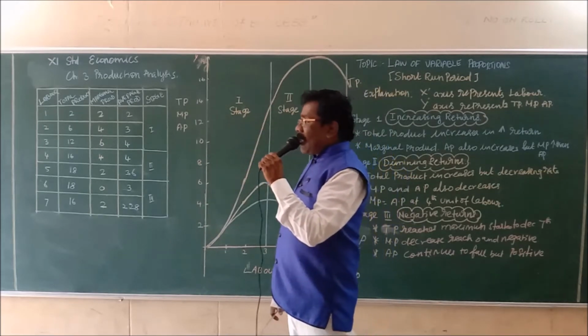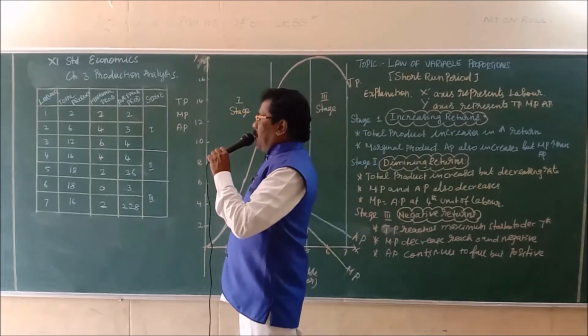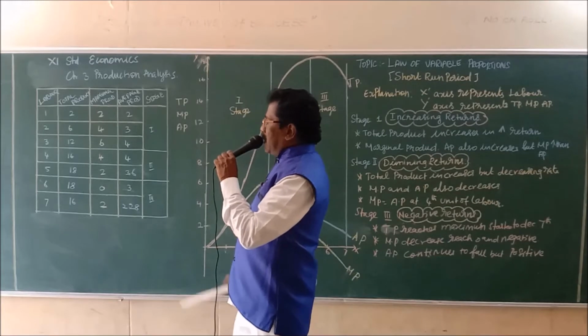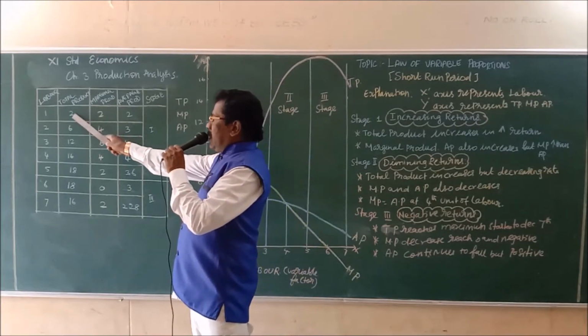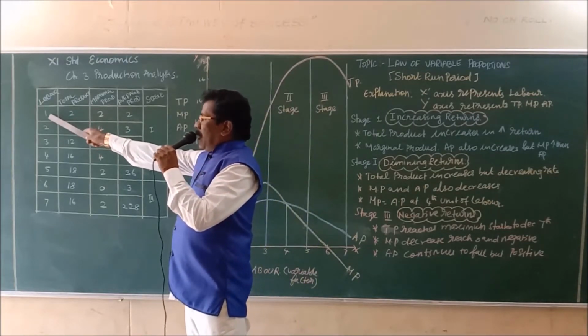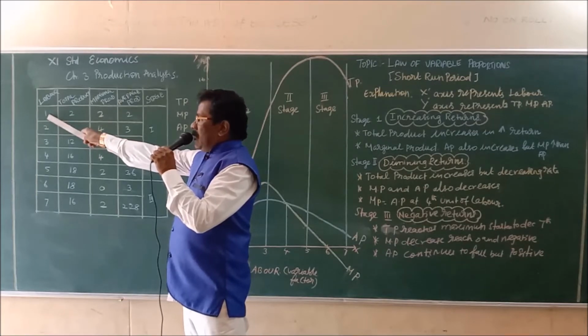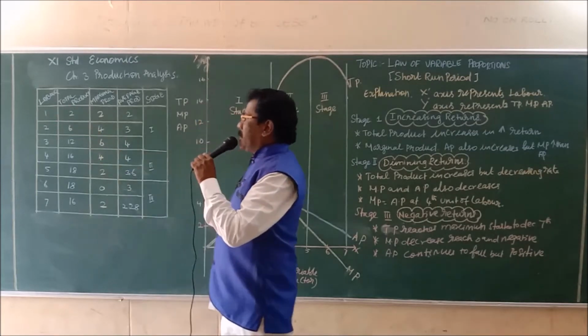Then, how do you calculate average product? Average product is nothing but total product divided by the number of units of labor involved in the manufacturing process.